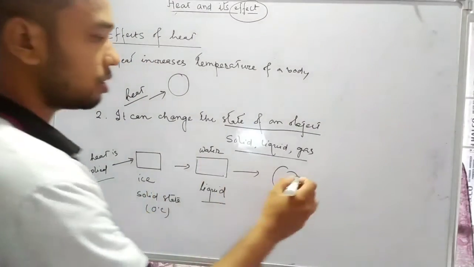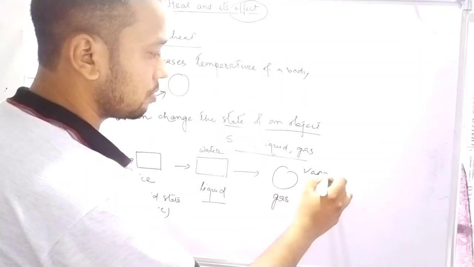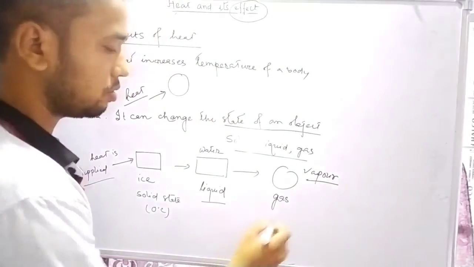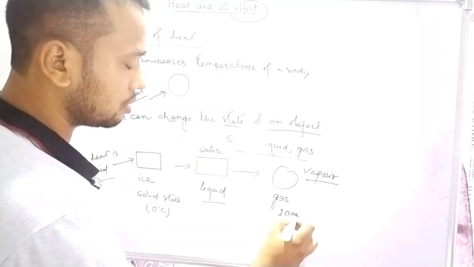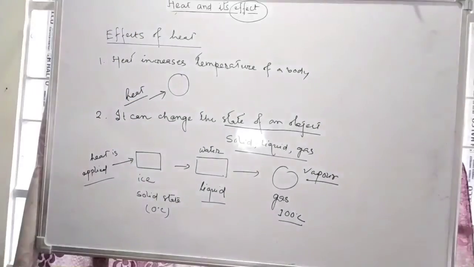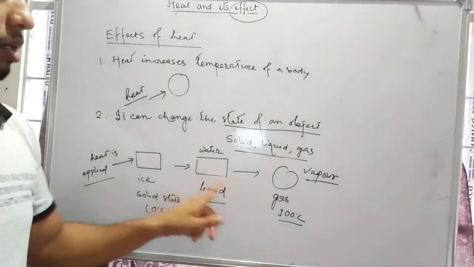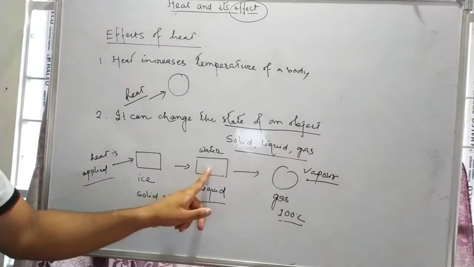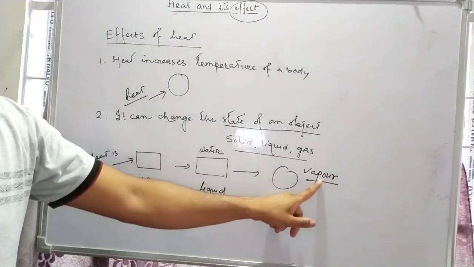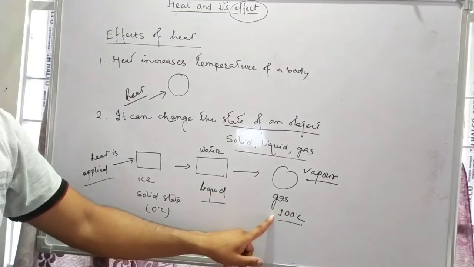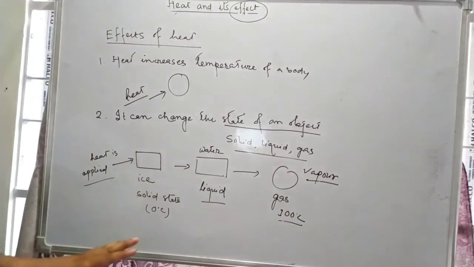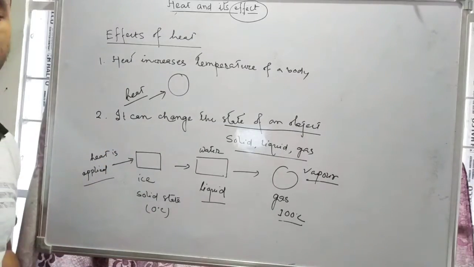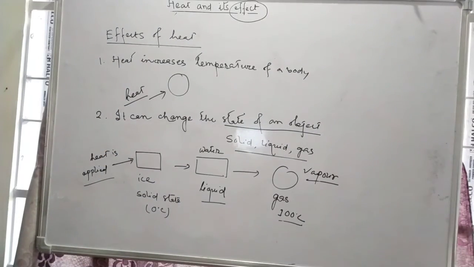That means the water will convert into vapor. At what temperature? 100 degrees Celsius. That means when we increase the temperature of water to 100 degrees Celsius by applying heat, the water will start converting into vapor. Vapor means gaseous state. So in this way, heat can change the state of an object.